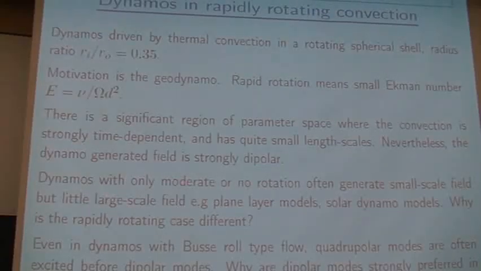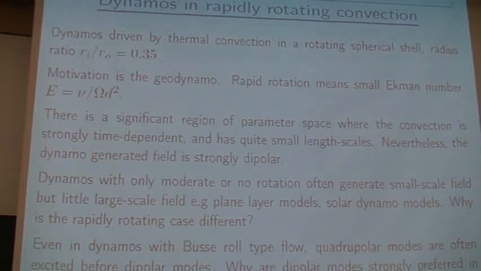People who've worked in dynamo theory for a long time are slightly more surprised by this, because in many cases you end up with quadrupolar modes and not dipolar modes, and indeed in many linear dynamo calculations quadrupoles and dipoles come in at quite similar values.